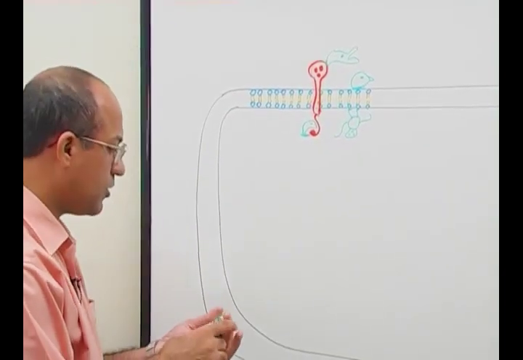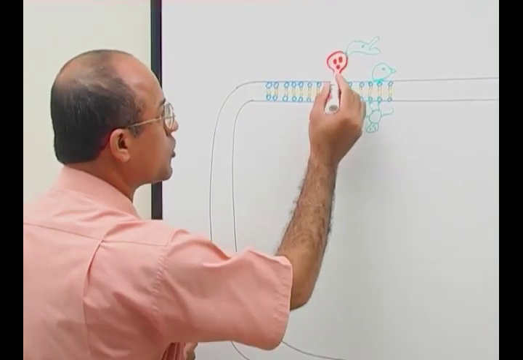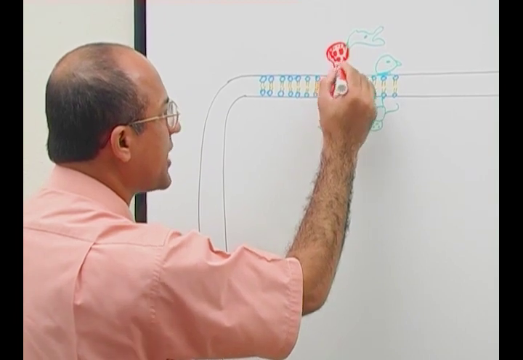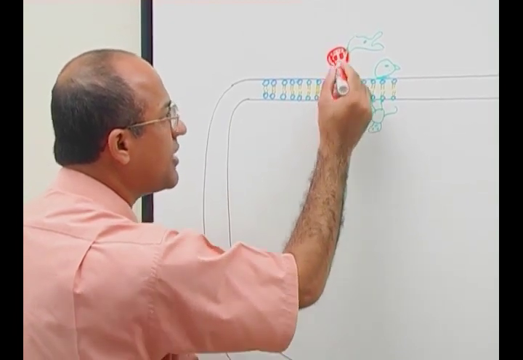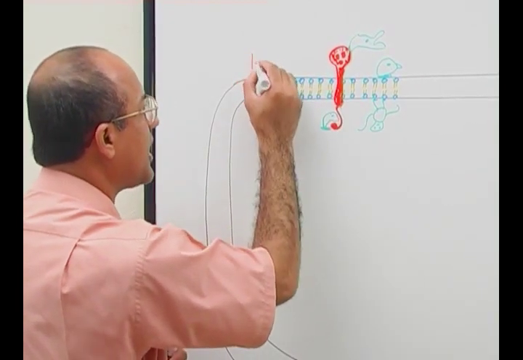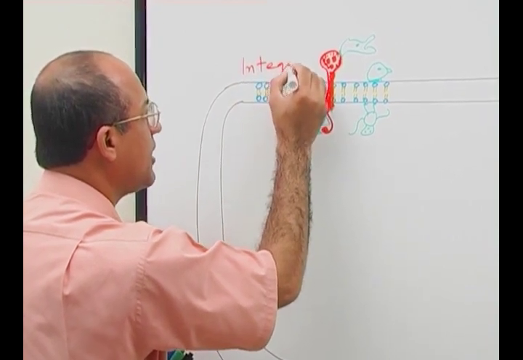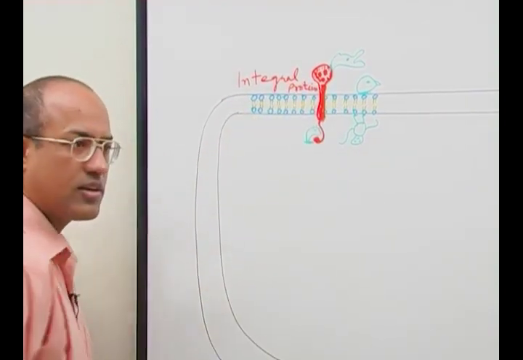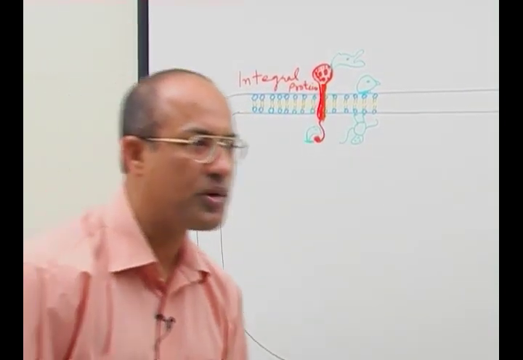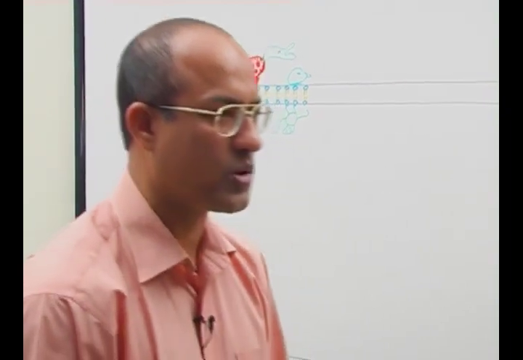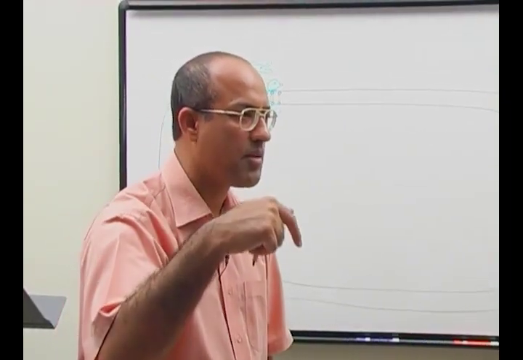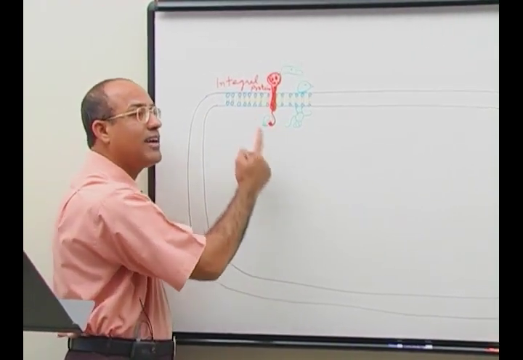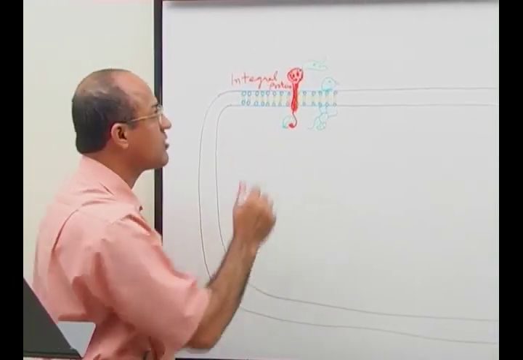Those proteins which pass throughout the membrane are called integral proteins. What are they called? Integral proteins. So membranes have a special type of integral proteins which pass through the membrane, and these integral proteins are also called transmembrane proteins. What are they called?